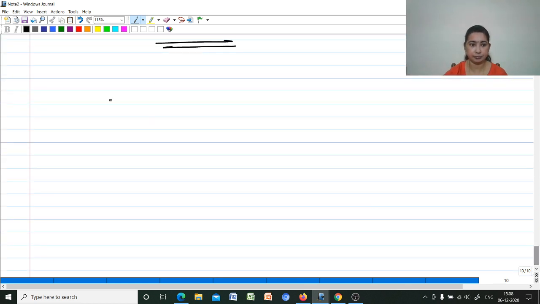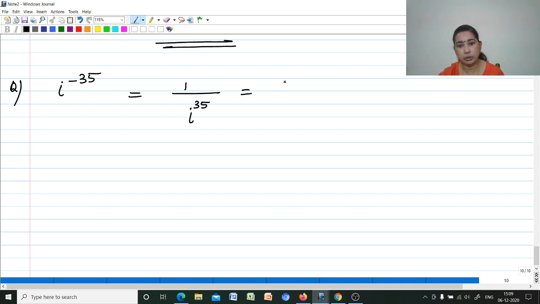One more question: i raised to minus 35. We can write this 35 in terms of 4, because we know i raised to powers of 4. So this is equal to 1 by i raised to 35. How can you write i raised to 35?